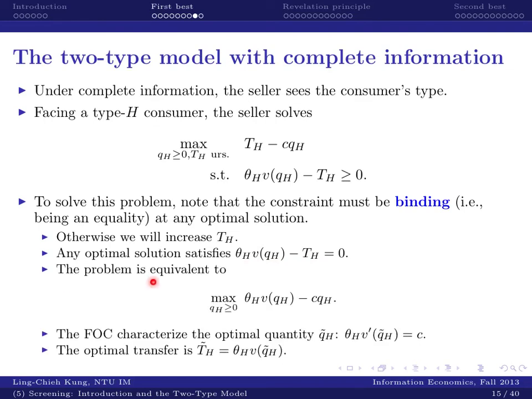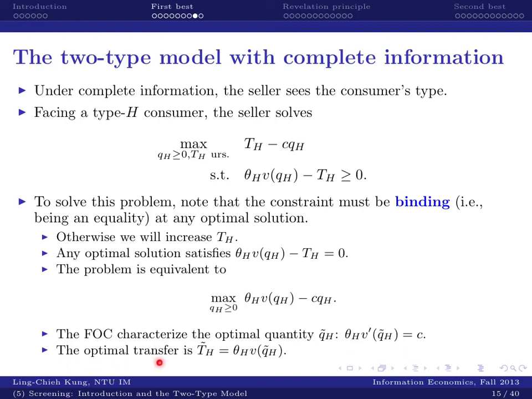And then the problem can be reduced to a single dimensional problem because TH somehow must be QH times VQH. So we replace TH by this, and then this becomes a single dimensional problem. First order condition, we know the optimal quantity QH tilde will be satisfying this first order condition.